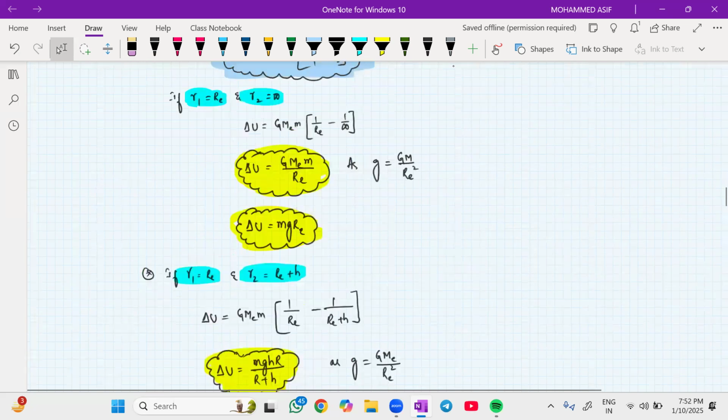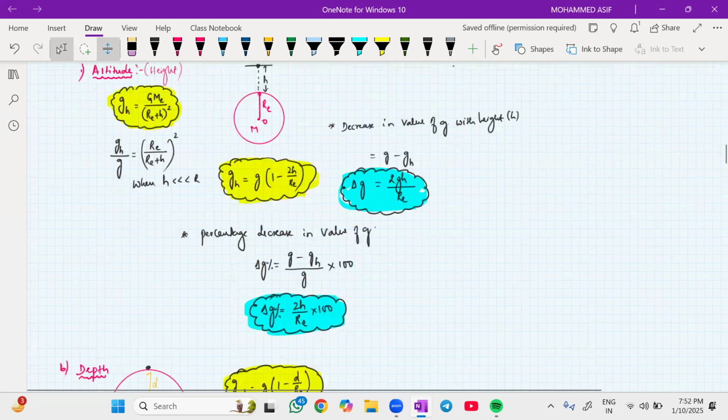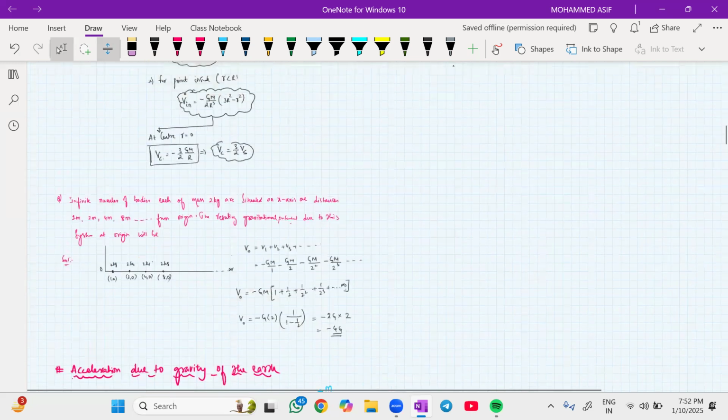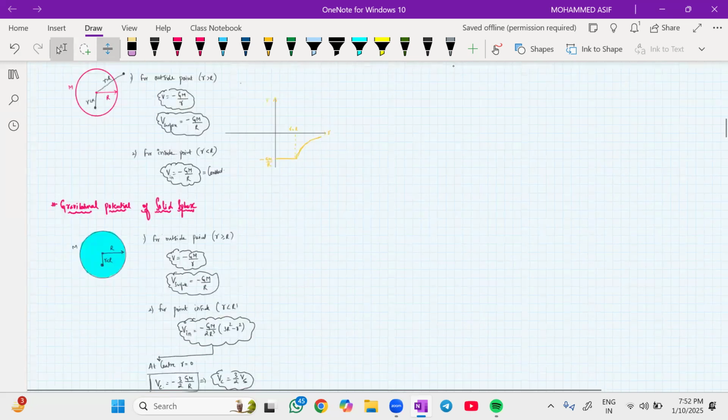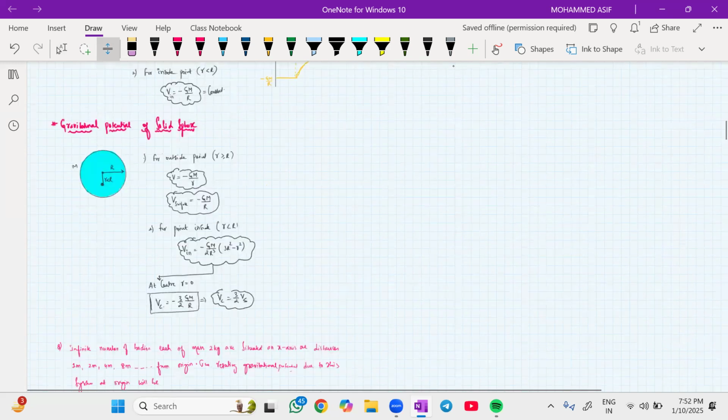Potential energy we have done. Relation between capital G and small g. Yeah, gravitational potential also we have done due to the shell and due to the solid sphere.